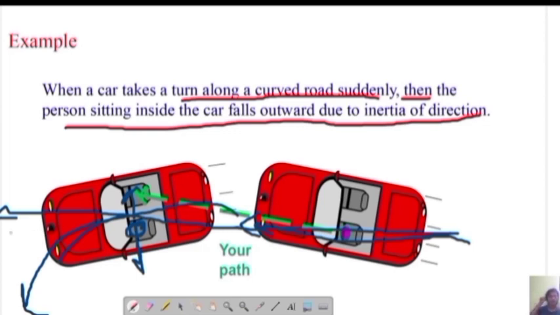That is again because of inertia of direction. You might have experienced this whenever a car suddenly turns left or right, you fall to the opposite side. On curved paths, especially ghat sections, you feel this falling left and right. Okay, to make you understand very easily, I'll show you an animation.